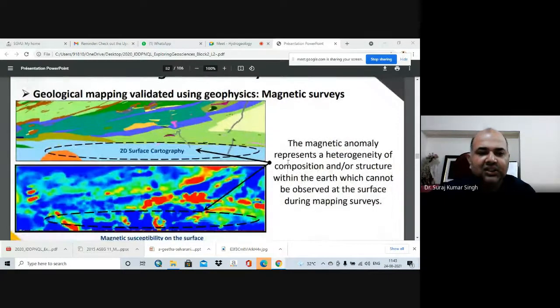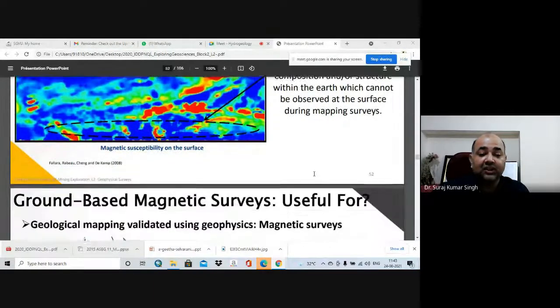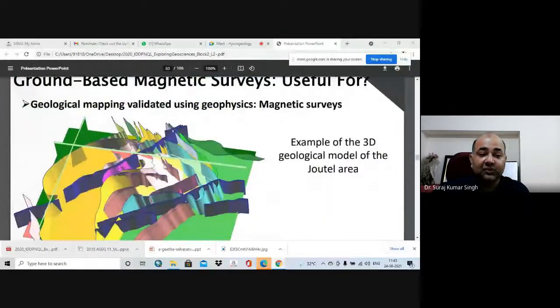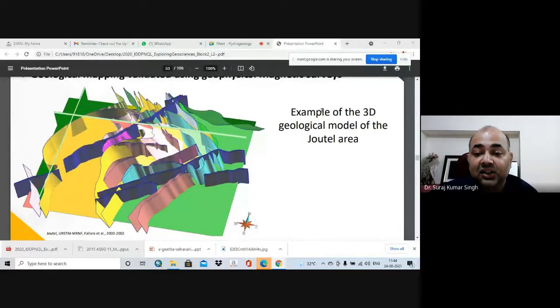So you can create such a geological map using the geophysical magnetic method, where you will be creating the 2D and 3D of that area in order to understand the anomaly of that area. Finally the geological map will be validated using the geophysics based on the magnetic study, and you will be creating a 3D map of the geological area of that terrain.